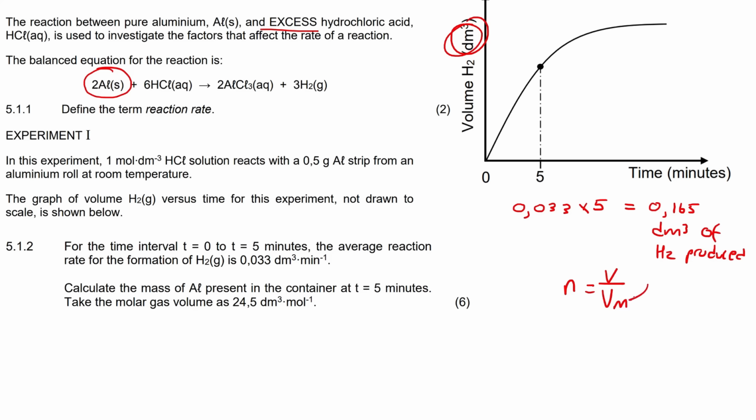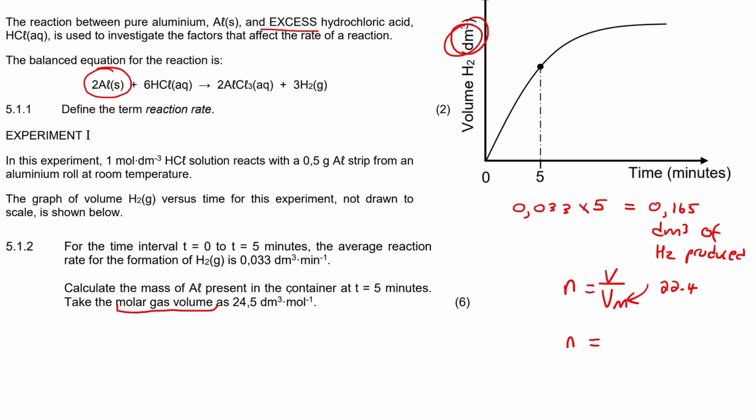Normally we would use 22.4, but that 22.4 is only when you are at STP, standard temperatures and pressures, but maybe this experiment is not taking place at STP, so they've given us a different molar gas volume that we should use, and that is 24,5. So we are rather going to use 24,5.